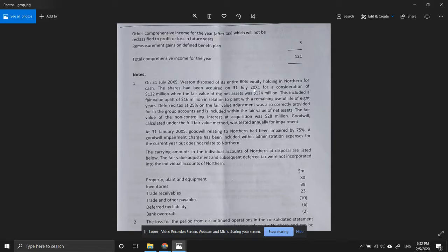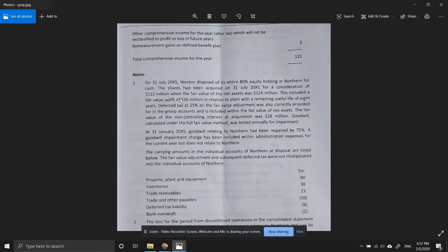That means it is a complete period from acquisition to disposal, so after 4 years: X1, X2, X3, X4, for a consideration of 132 million, when the fair value of net assets was this much.